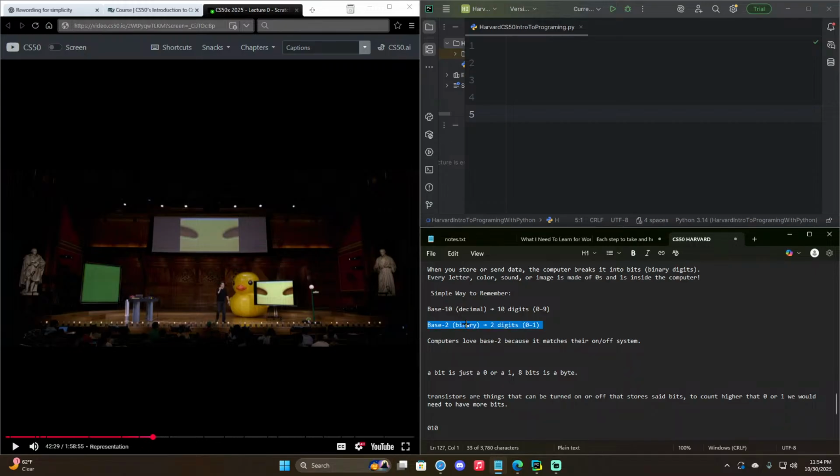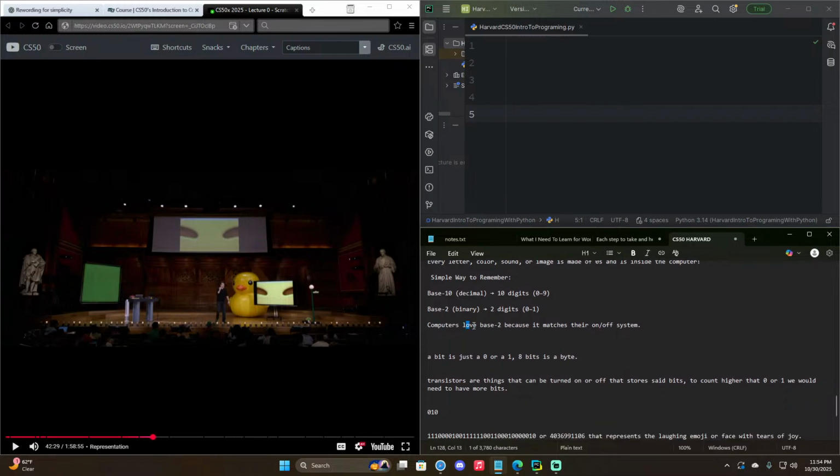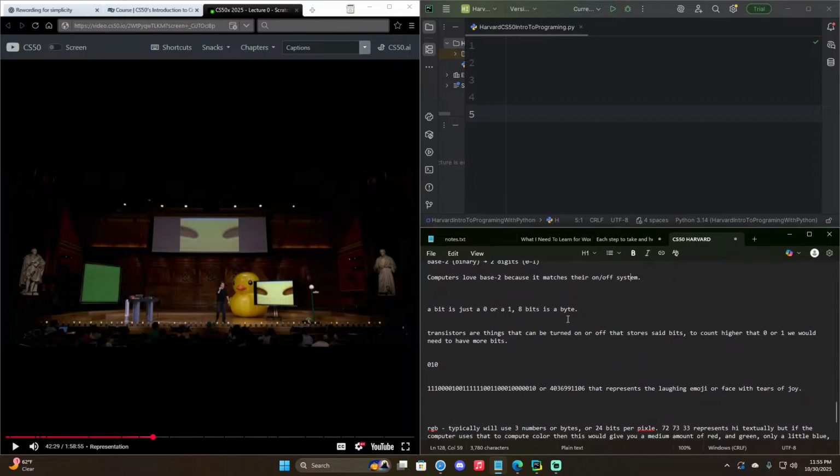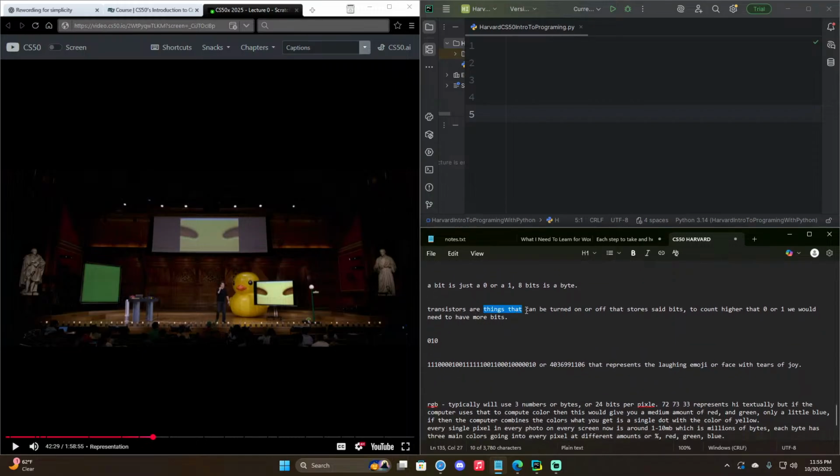Base 2 is what you convert base 10 or whatever other base that you're working into, so that the computer can actually understand it. Computers love base 2 because it matches their on-off system. 0 meaning off, 1 meaning on. So a bit is just a 0 or a 1. 8 bits is a byte. Transistors are things that can be turned on or off, which is what a computer is made up of. This is just a random note from earlier on.